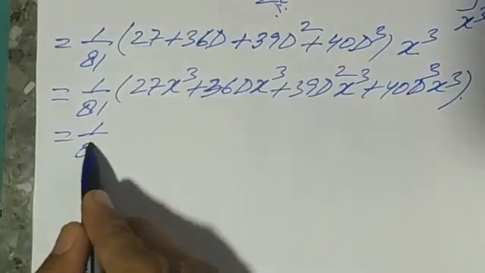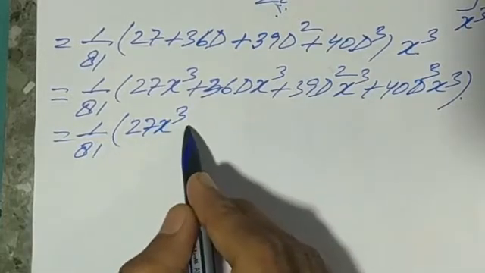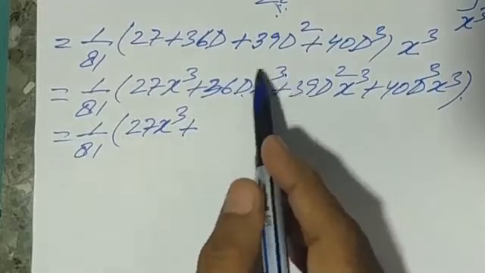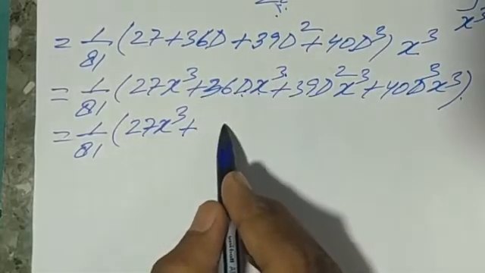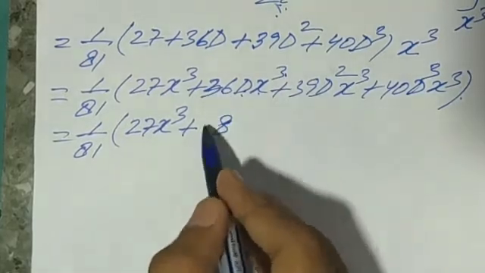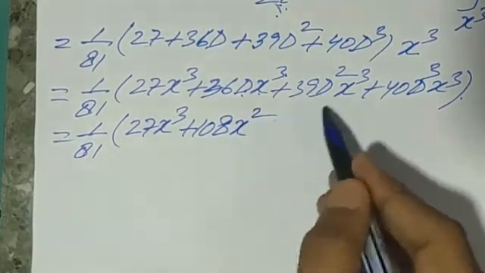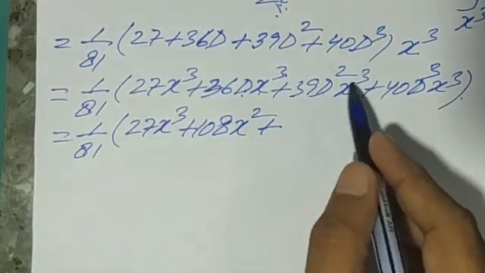So 1 upon 81, 27x cube as it is, plus dx cube, that is the first differential of x cube, that is 3x square. So 3 will multiply 36, 3 6s are 18, 3 3s are 9 and 1, 10, 108 x square plus d square, here 39 d square x cube.